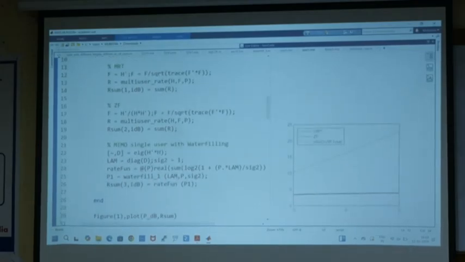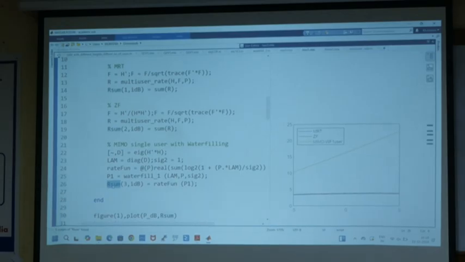This is for single user water filling. The water filling function is not working due to a CVX and MATLAB issue. MATLAB already has a function with the same name, that's why. So here I defined the rate function. This is similar to the previous case, nothing different here. I calculate the rate here, assuming we have a single user which has k antennas at the receiver and N antennas at the transmitter.